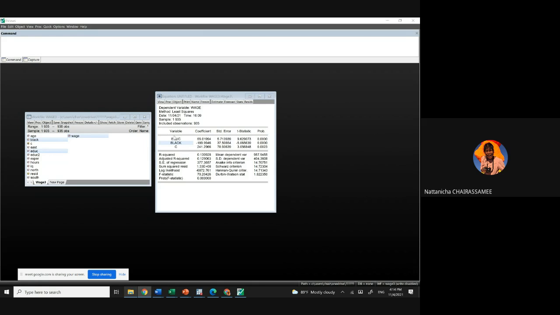So this is the data set in the United States. If you are not familiar with it, in the United States, their environment is very diverse. They have different people, people of color like black people, and they also have white and also Hispanic.